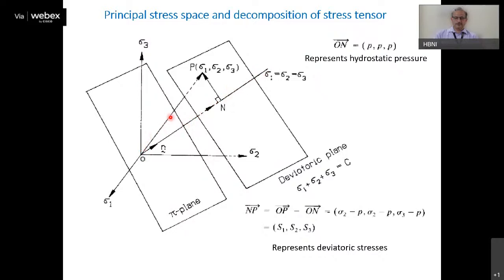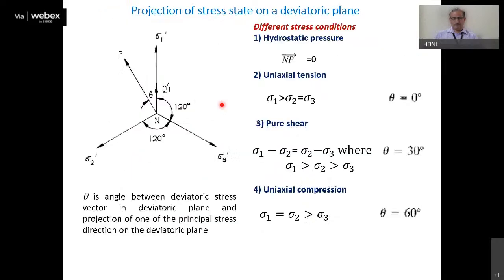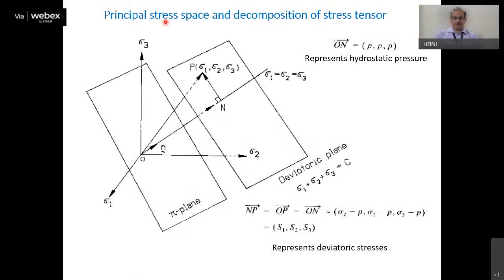Any stress state can be defined as the sum of this hydrostatic stress state plus this vector, which corresponds to the deviatoric stresses. Now we can have the projection. The plane that contains this deviatoric stress vector is called the deviatoric plane.